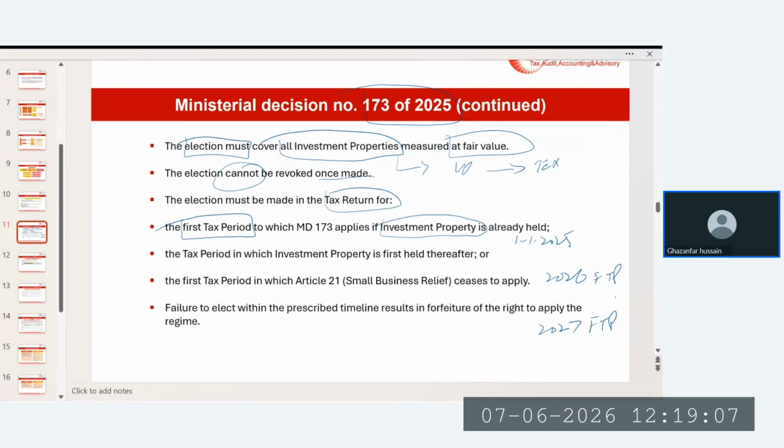The first tax period thereafter, the same thing we understand here: the first tax period in which Article 21 ceases to apply.